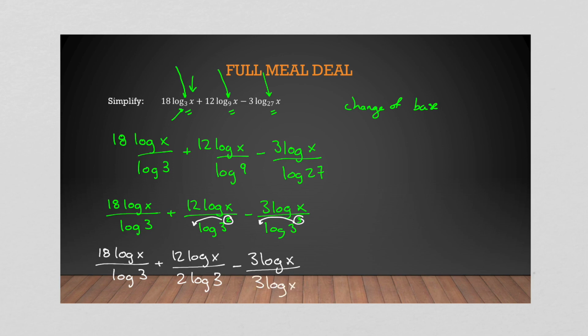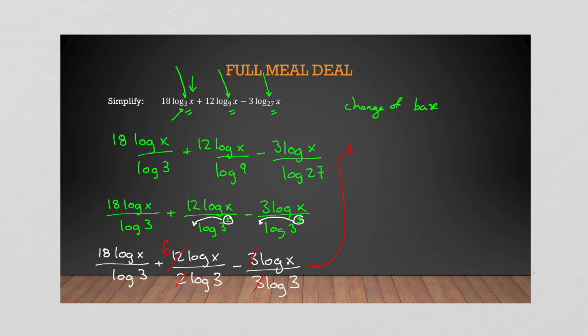And yes, those 3's and 2's in front can cancel with the numerators just like we would cancel factors. So in our very back one here, the 3 cancels with the 3. And sorry, I wrote log x, that should be log 3. Good. But the 3 cancels with the 3. Here, 12 divided by 2 gives me 6, and I can't do anything with the first one.